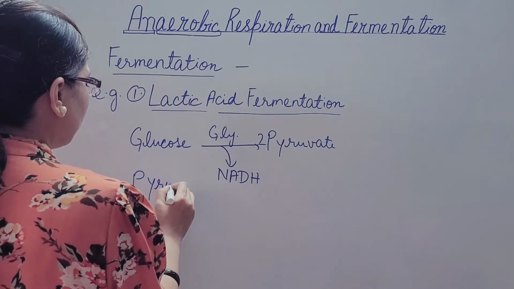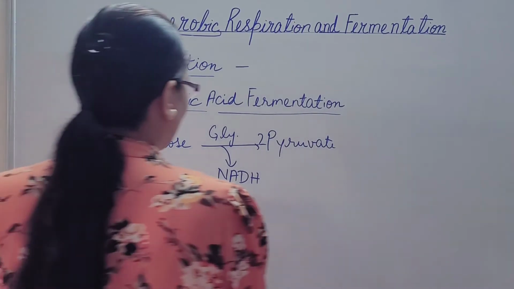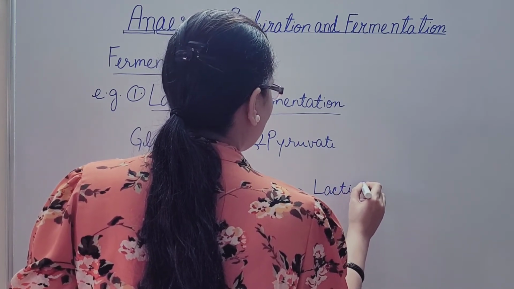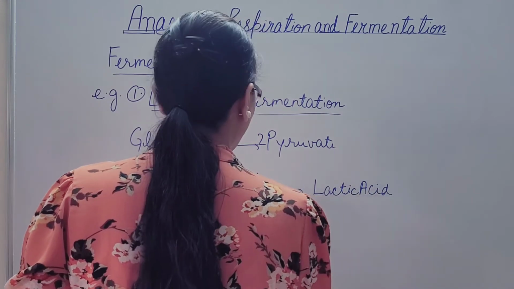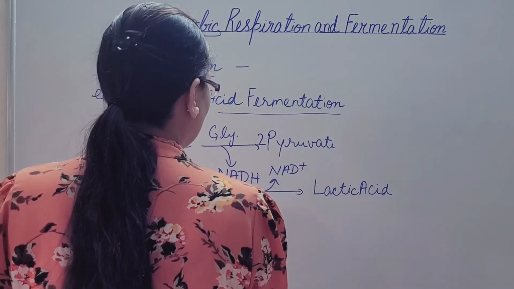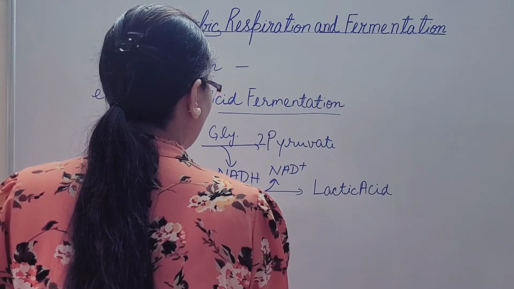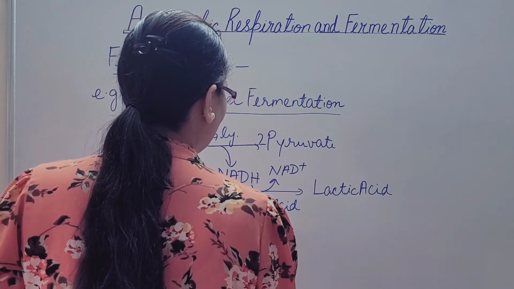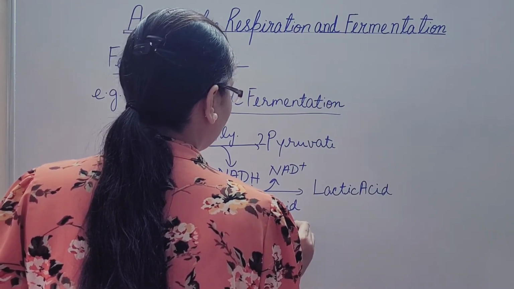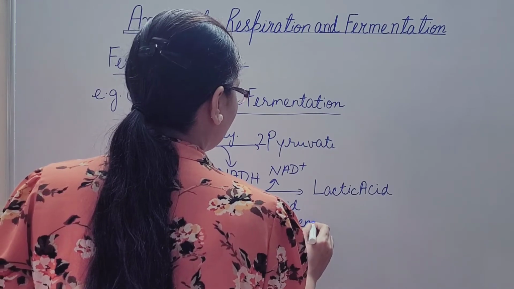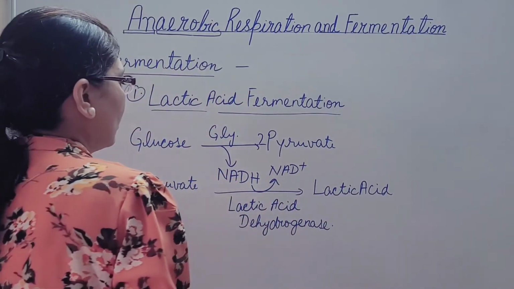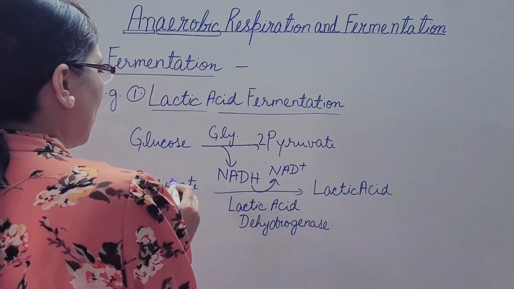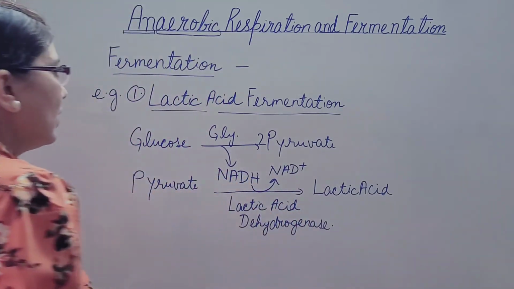Then this pyruvate is converted into the organic molecule lactic acid. NAD plus is regained and the enzyme is lactic acid dehydrogenase. So here the reducing equivalent is transferred to pyruvate, which is then converted into lactic acid.